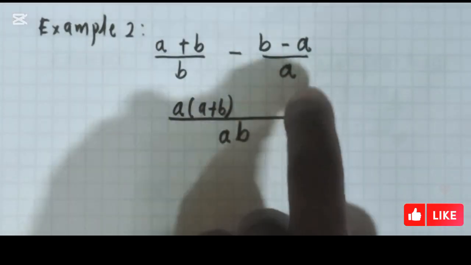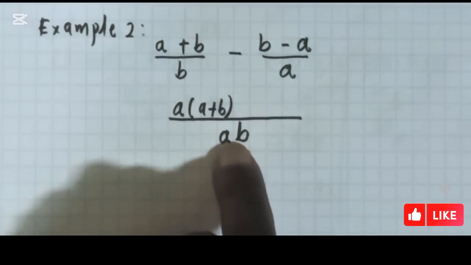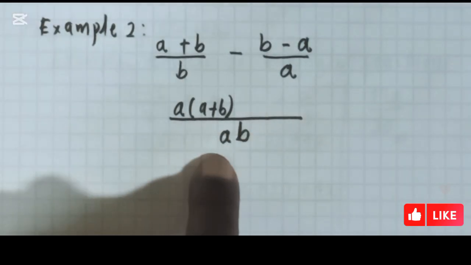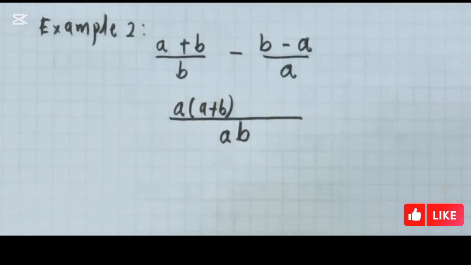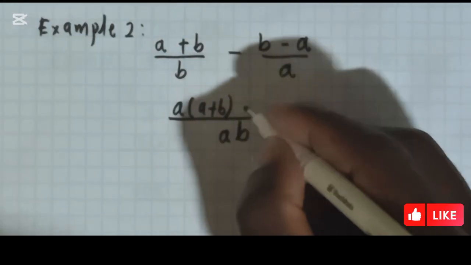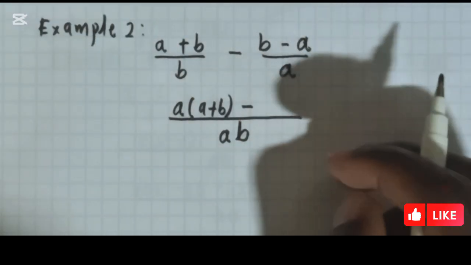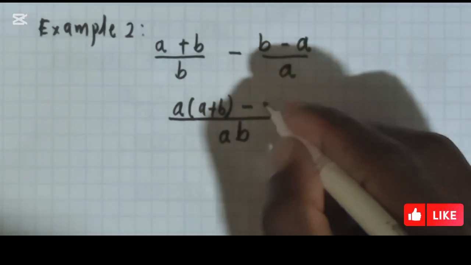And so we'll do the same for the other term as well. So we are going to have ab divided by a. ab divided by a, and a and a will cancel each other out, and that will leave us with b. But in this particular case, I want you to note that we have a negative sign here. So we're going to have that as negative, ab divided by a giving us b.